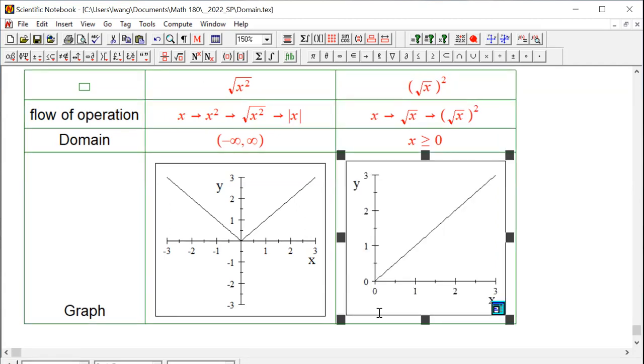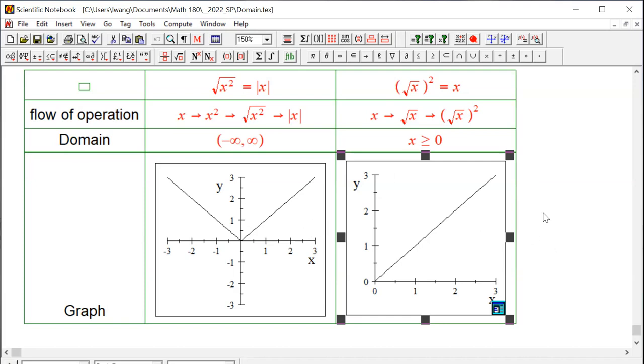So these are the two pictures for these two functions. In this case, it is always equal to the absolute value of x, and in the other one it's x, but x is always greater than or equal to 0. So this will be the proper picture. The software is flawed.